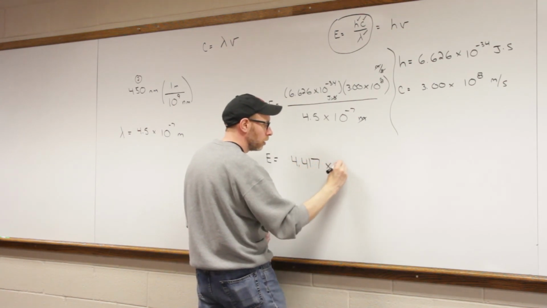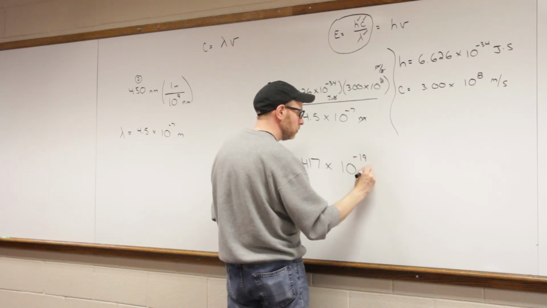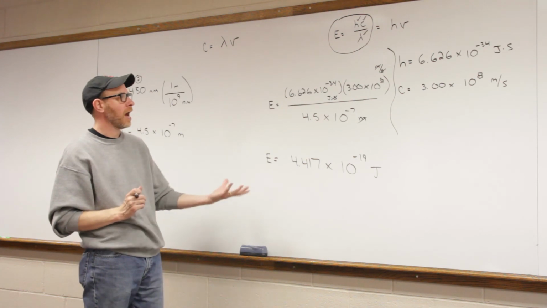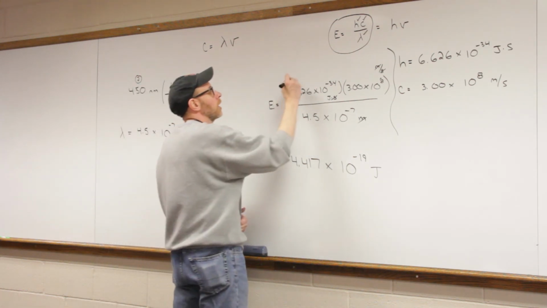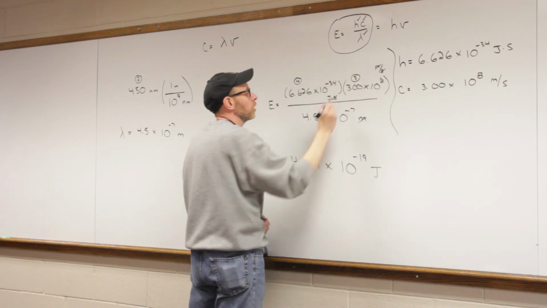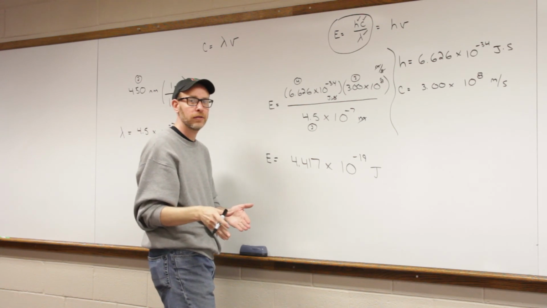4.417 times 10 to the minus 19th joules. Okay. And now how many significant figures? Well, I start off with a number that had 4, and I multiplied it by a number that had 3, and I divided by a number that had 2. All multiplication and division.